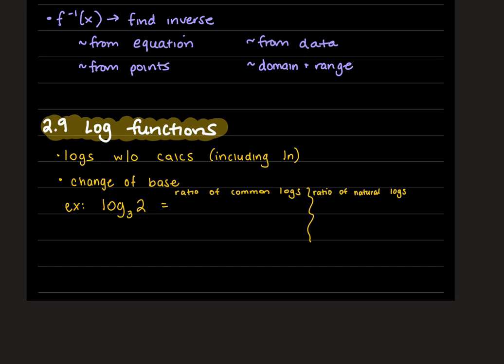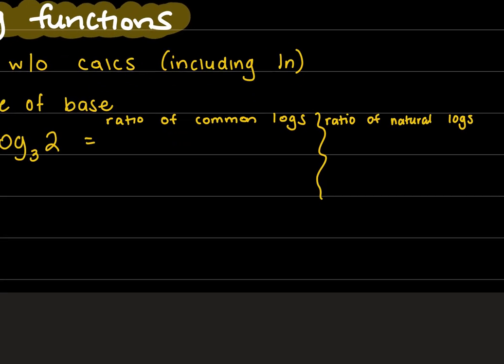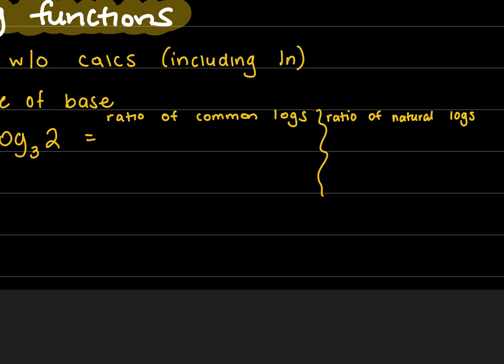The base goes to the bottom. So if I want to do a common log, it's literally log. This would be log of 2 over log of 3. That's the equivalent of log base 3 of 2. And if I want to write natural log, it's ln. This would be ln 2 over ln 3. All 3 of these things would give you the same answer.